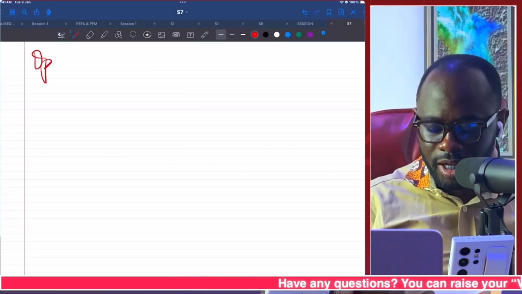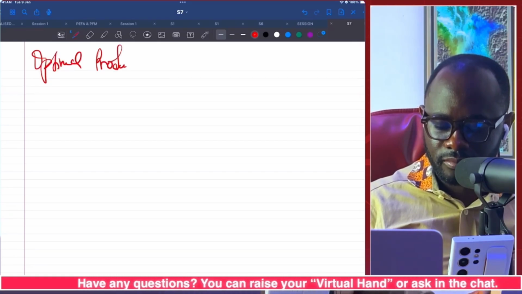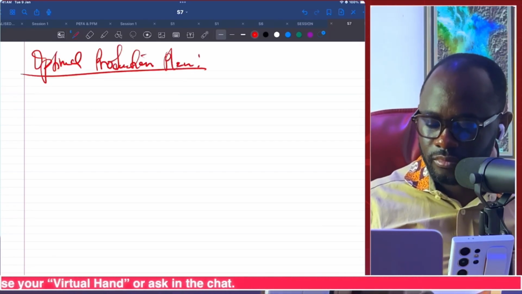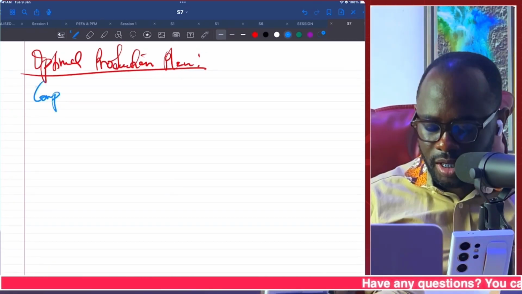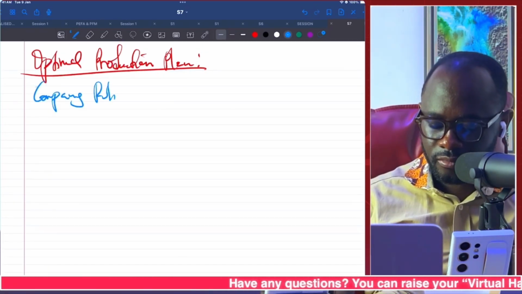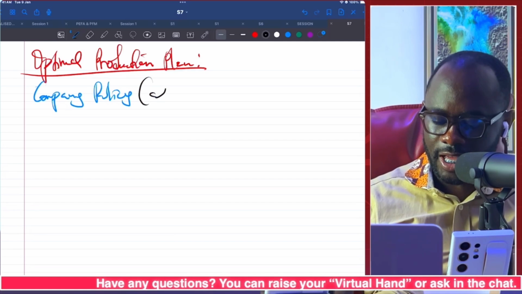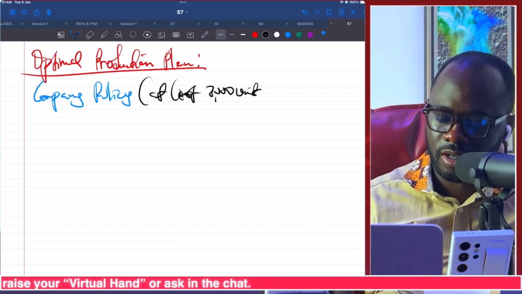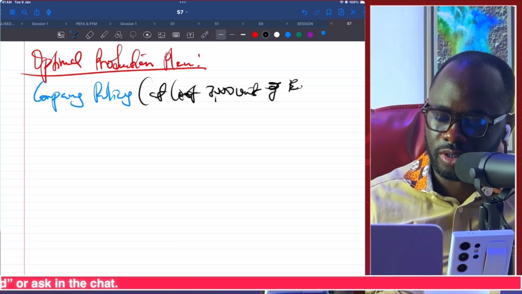So, optimal production plan. Company policy, which is at least 3,000 units of each product.